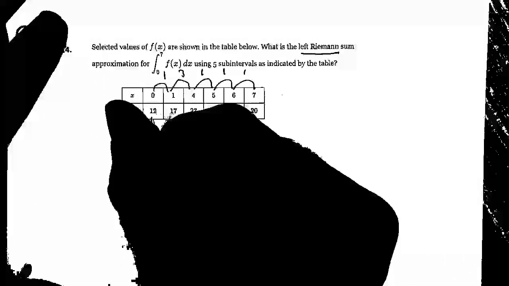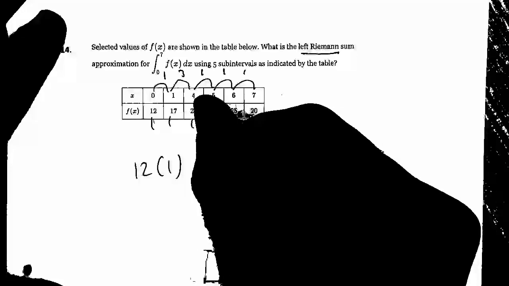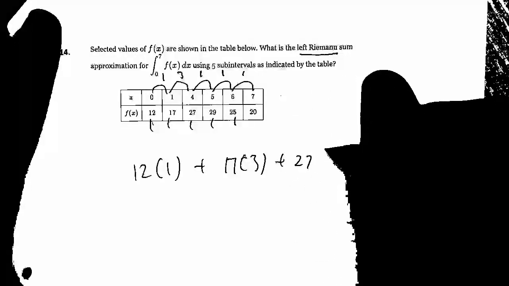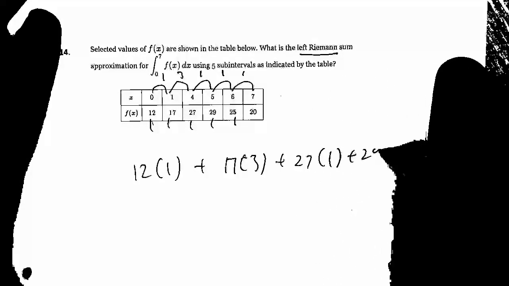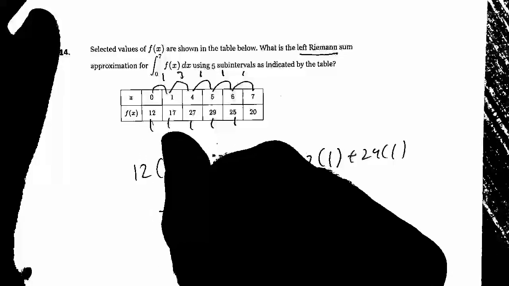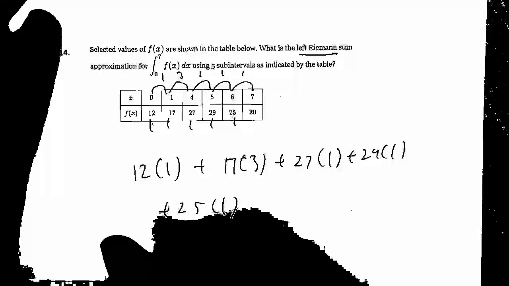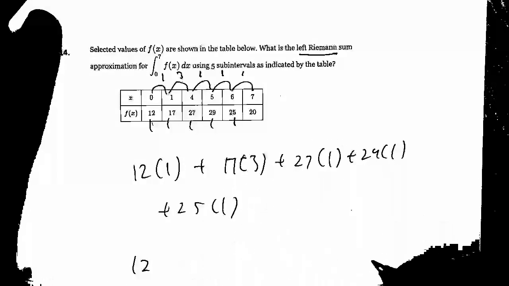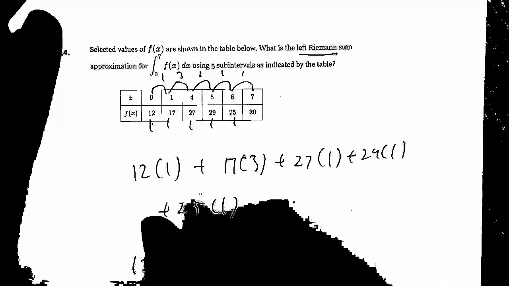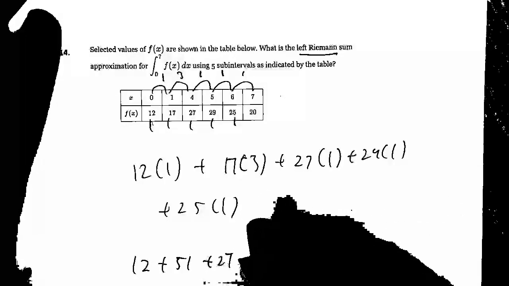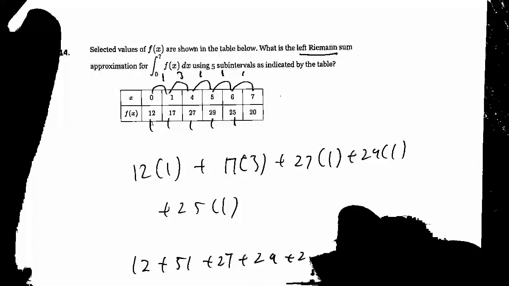So we're going to have 12 times 1, that's your first one, plus 17 times 3, that's your second one, plus 27 times 1, plus 29 times 1, plus 25 times 1. So what we end up with is 12, 17 times 3 is 51, plus 27, plus 29, plus 25.